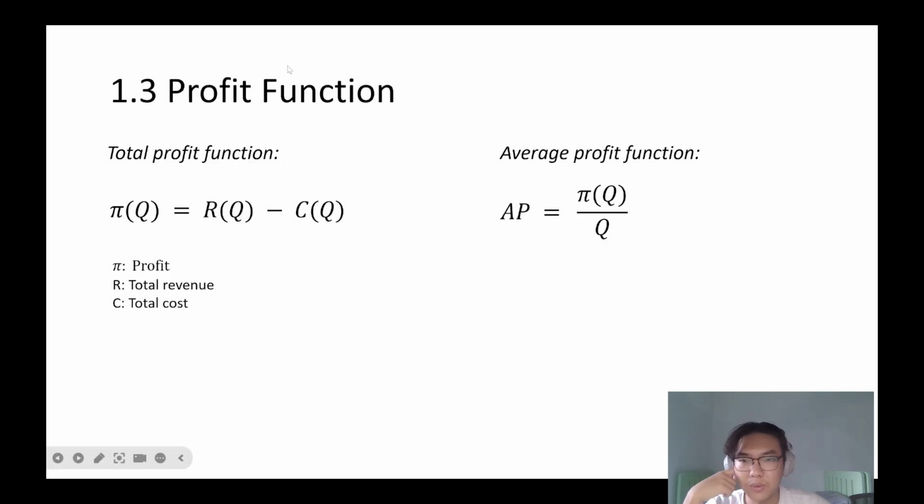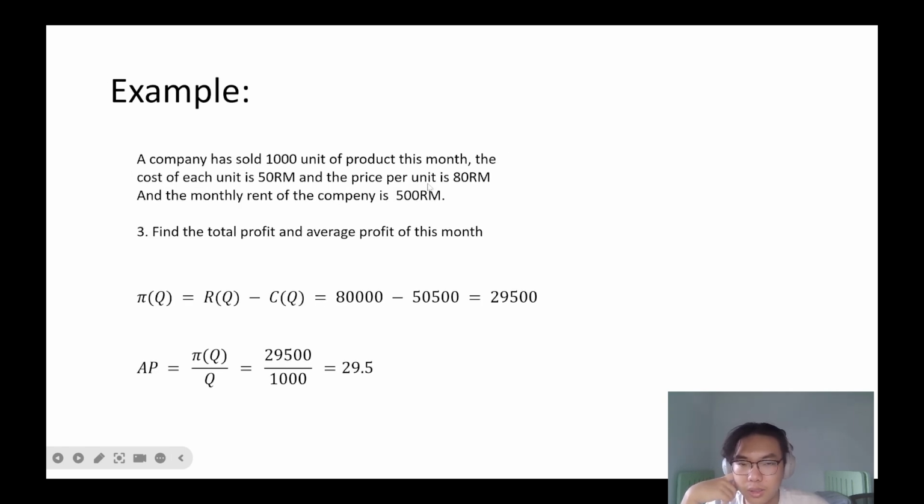And then the profit function. The total profit function is formed by the total revenue minus the total cost. And the average profit function is the total profit divided by the total quantity. Let's get to the example.